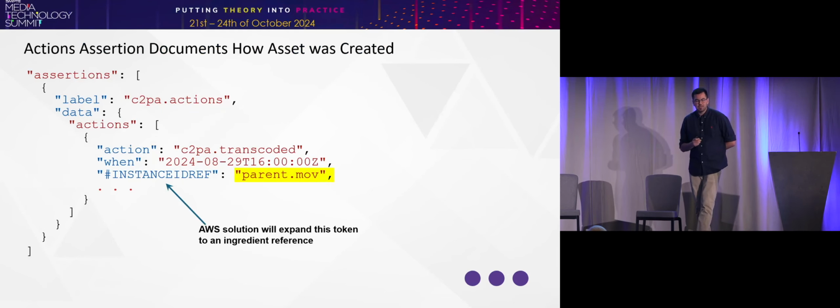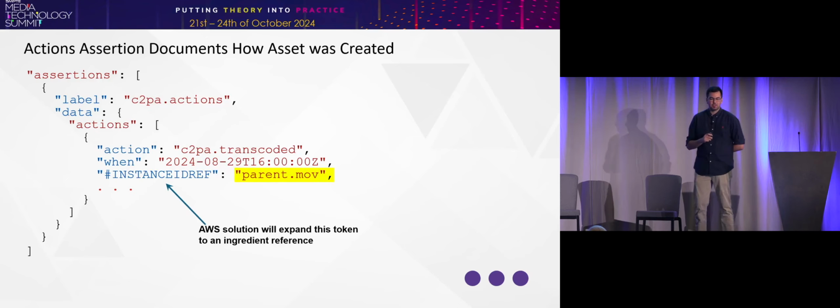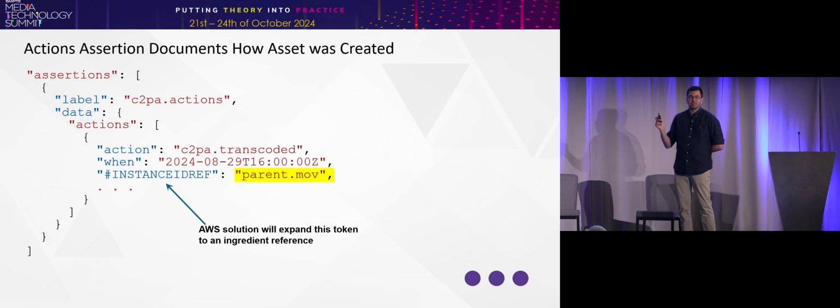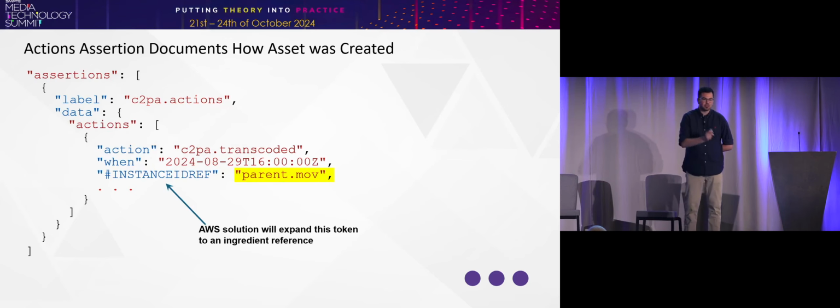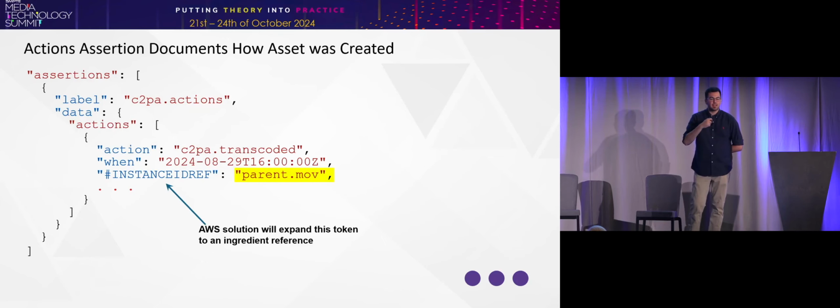One more thing that I wanted to highlight was on the asset itself. So the linkage between each of the assets. So in this case here, we can see an example where we're actually including the parent movie. What C2PA does, in the process of creating that brand new C2PA asset, is it creates a cryptographic hash using the algorithm and a series of the asset itself, the hash on the assets.